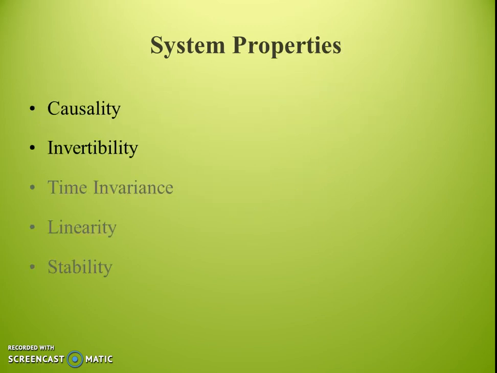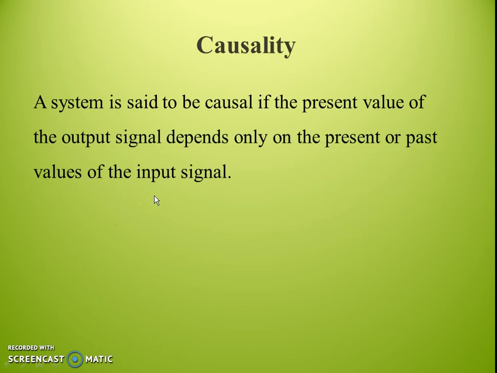Some basic classifications of the systems are based upon its properties, which are listed as causality, invertibility, time invariance, linearity, and stability. We'll try to understand in this session the property of causality and invertibility of the system. So, causality is defined as if the output of the system depends on its present input as well as the past input also, but it must not depend on the future input.